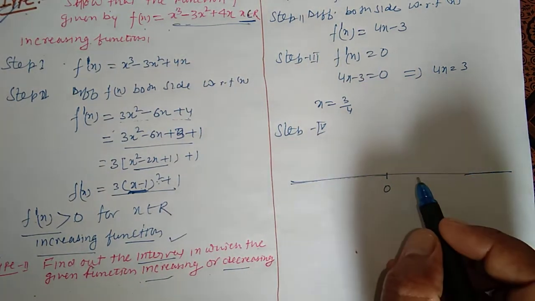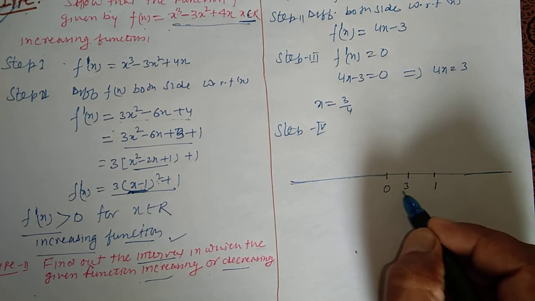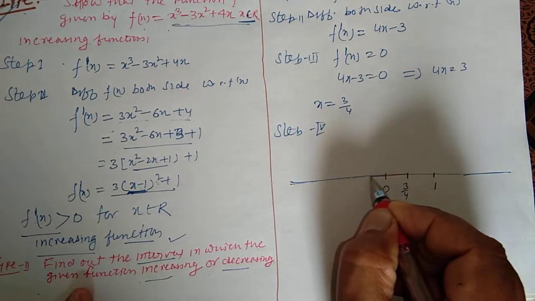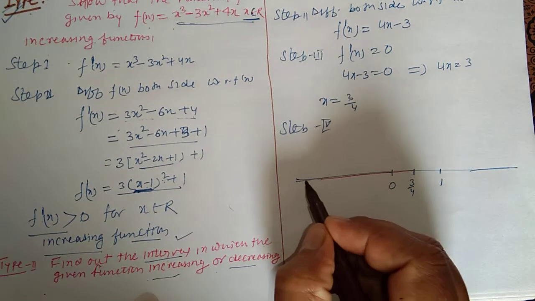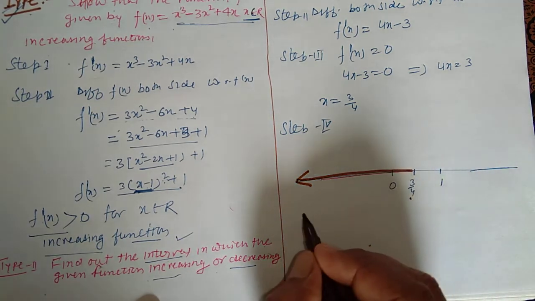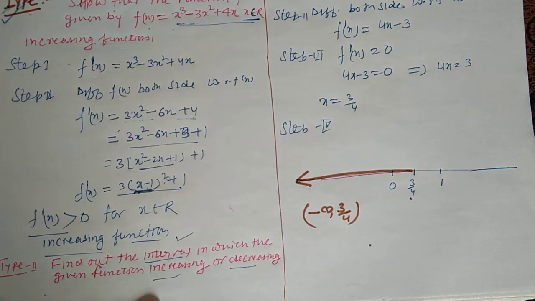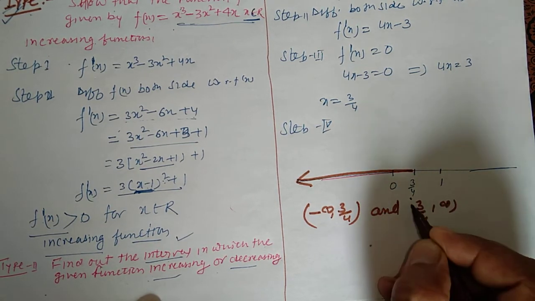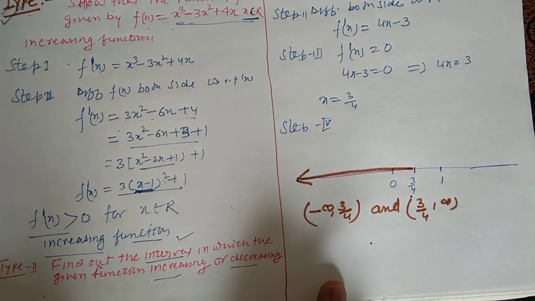So we have 3 upon 4, which lies between 0 and 1. To the left side of 3 upon 4, our interval is minus infinity to 3 upon 4, and the other interval is 3 upon 4 to positive infinity. We got the intervals, but in which interval the given function is increasing or decreasing, we have to find out.